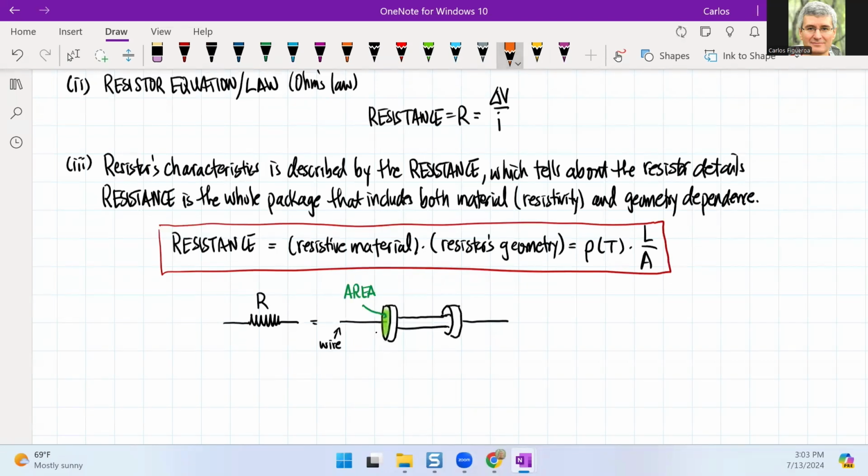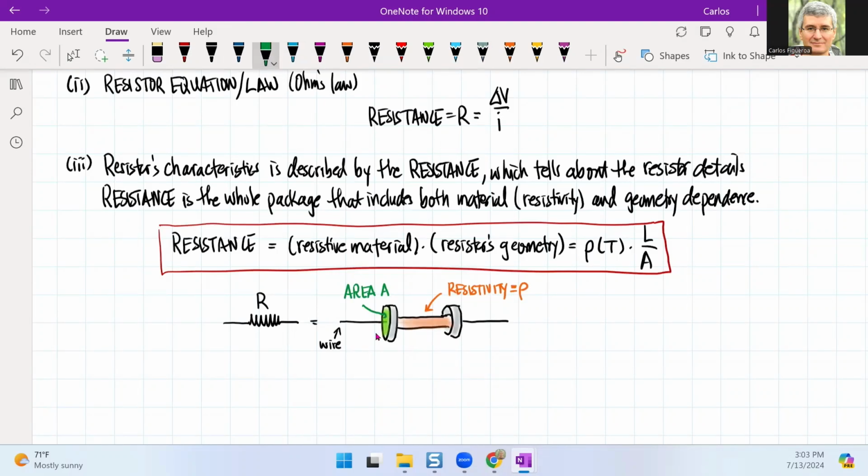This guy right here, right in here, we're going to say that this is the resistivity, which we defined as rho. And then what we find next is that we have to worry about the length here.